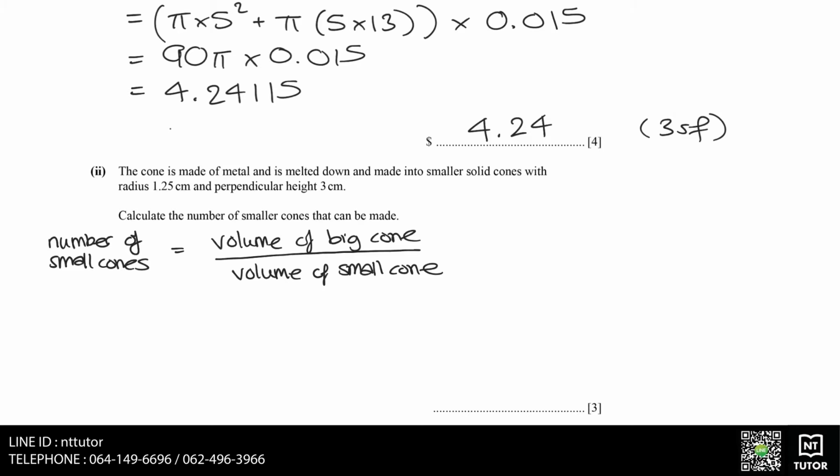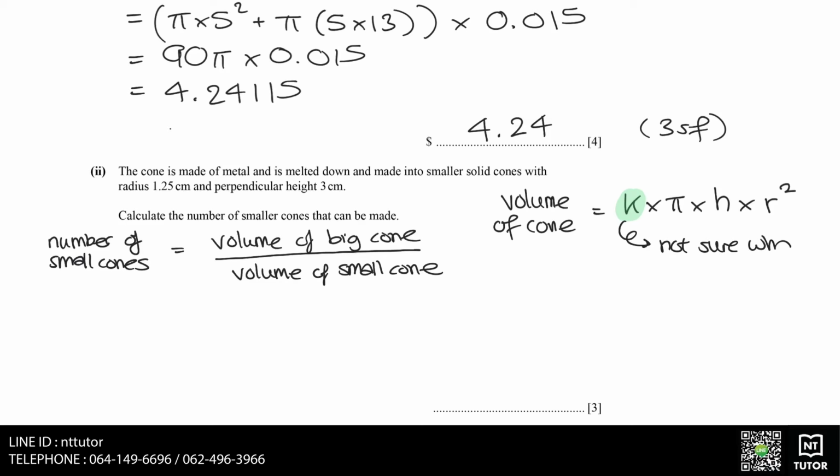The volume of a sphere was given to us in the first part of the question as 4 over 3 pi r cubed, and we know for a fact that the volume of a cylinder is pi r squared times L. So we can assume that the volume of a cone would equal some number multiplied by pi multiplied by height multiplied by r squared. We can let k be this number for now, and we don't have to know the value of k.